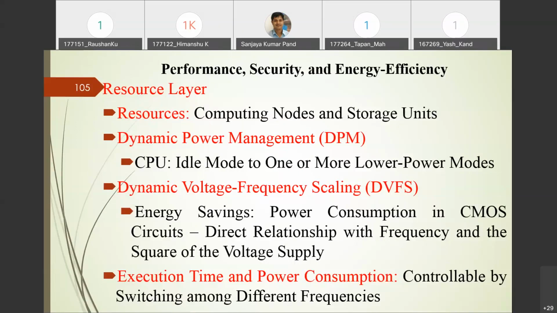What this policy says: move from idle mode to one or more low power modes. Idle mode means a computer system is completely idle. Just like I have my smartphone, I have fully charged it, my mobile data is off, I am not using it, and I am keeping it in a particular place.